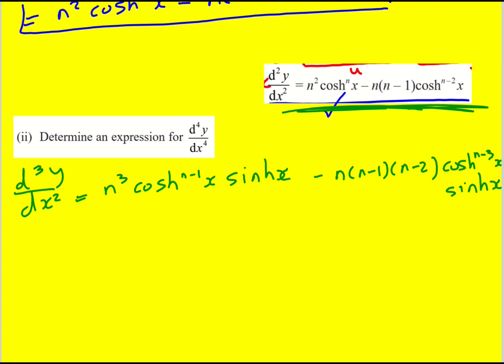Not much we can do with that. I think when I did it, I might have factorized out the sinh. I did, yeah. But in this situation, I'm going to leave it like it is.